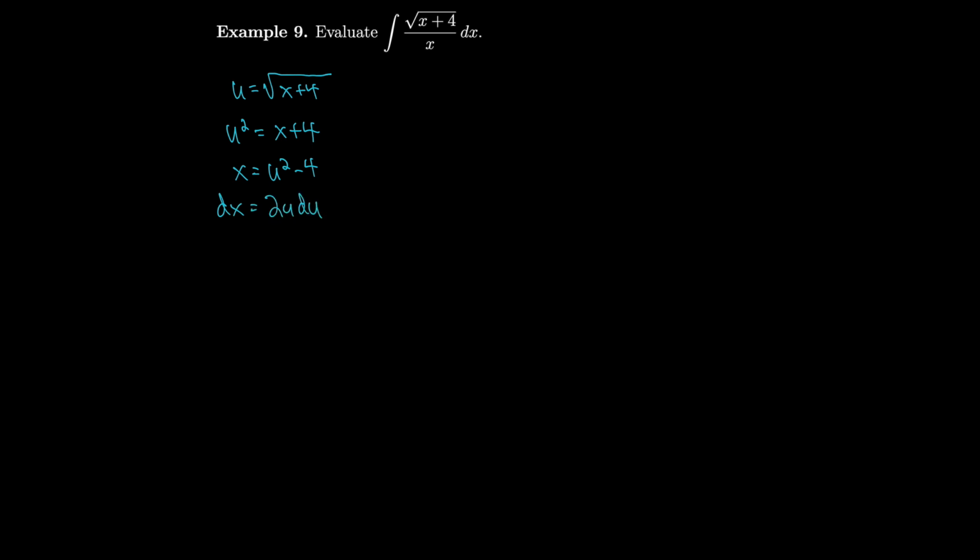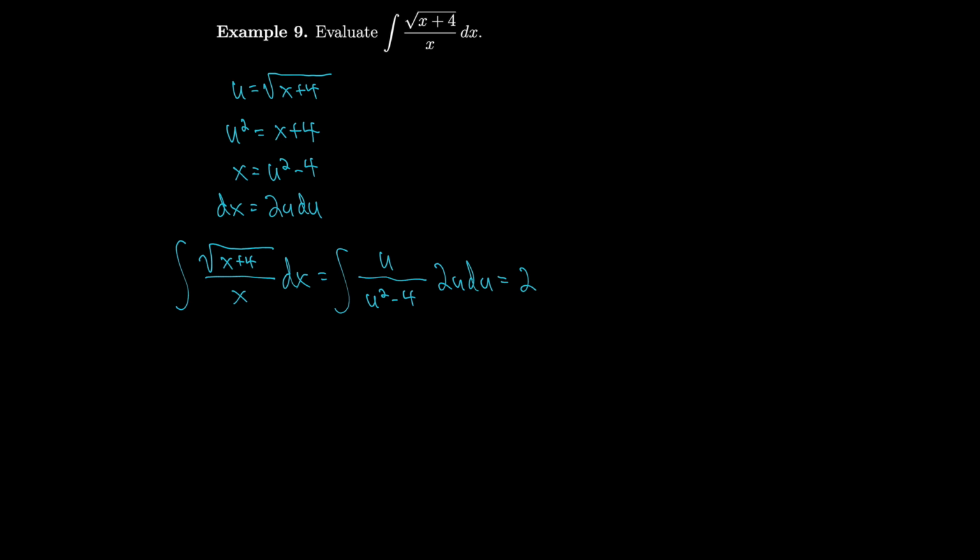Notice you didn't want to get dx right off the bat, because differentiating square roots is never as fun as differentiating squares. So now we can rewrite our integral. The square root of x plus 4 over x is the integral of u over u squared minus 4 times 2u du.